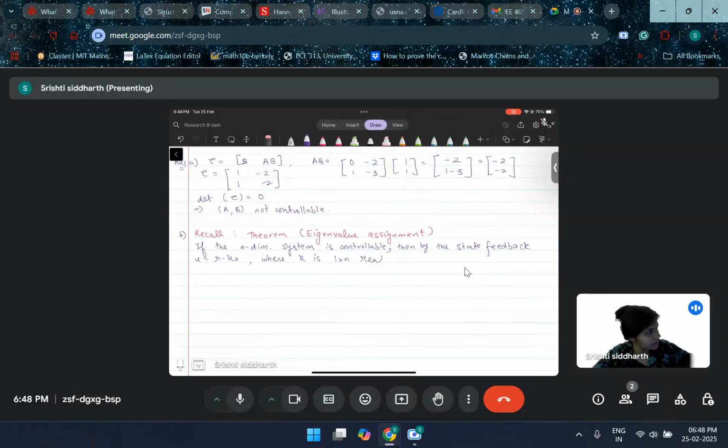And a real constant vector. The eigenvalues of the closed loop matrix A minus BK can be arbitrarily assigned. So this is very important. If the pair is controllable, then we can place the eigenvalue at any desired location.